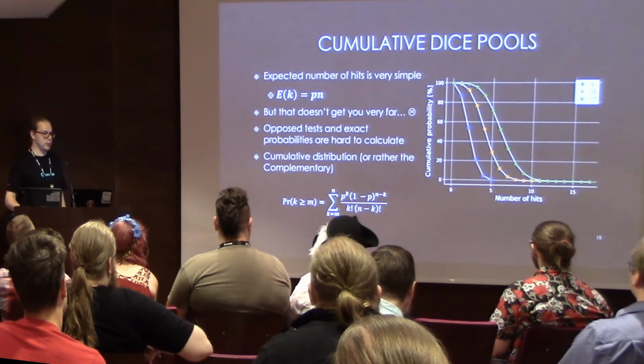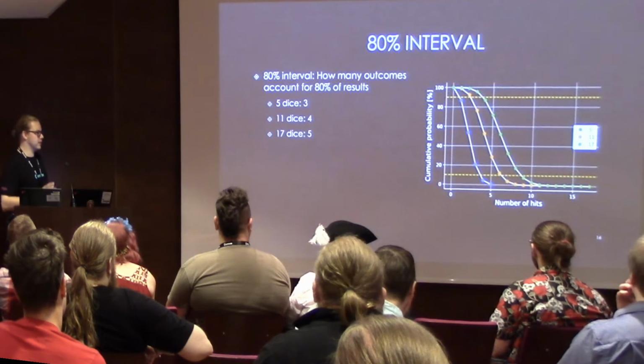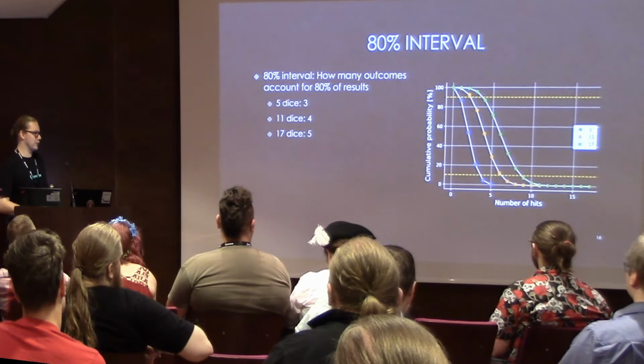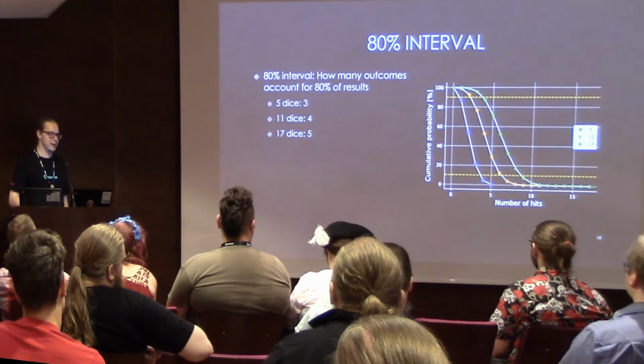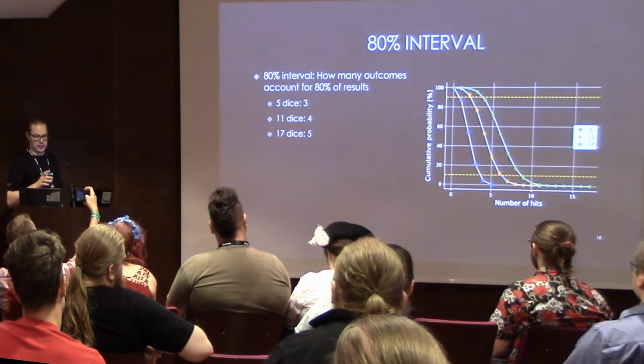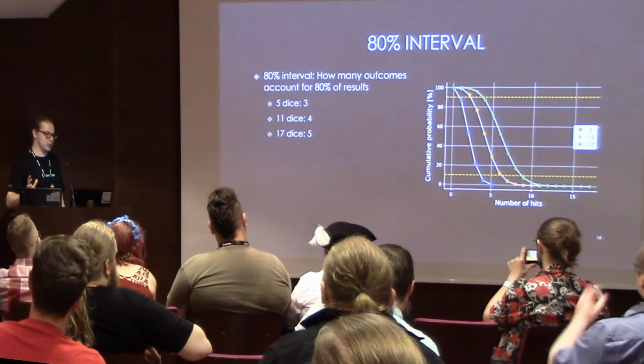Now there's a bit of a different way of looking into this, kind of like what results are actually likely. So I had this idea that is called this so-called 80% interval. It's not an official term in any sort of probability calculation, but rather the idea here is that we want to know which results you are likely to see 80% of the time.